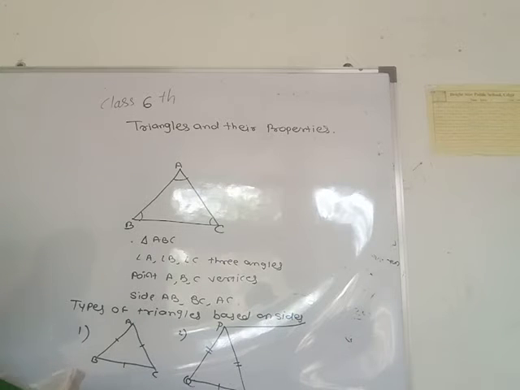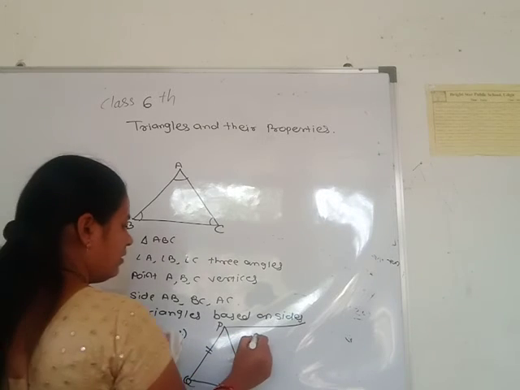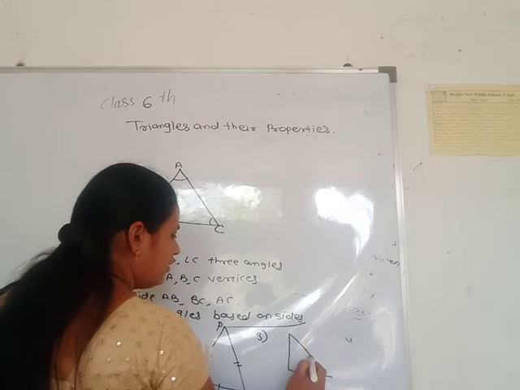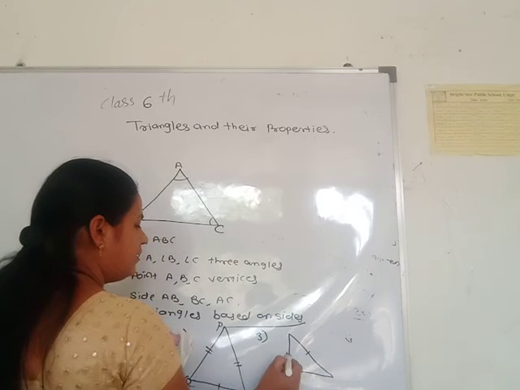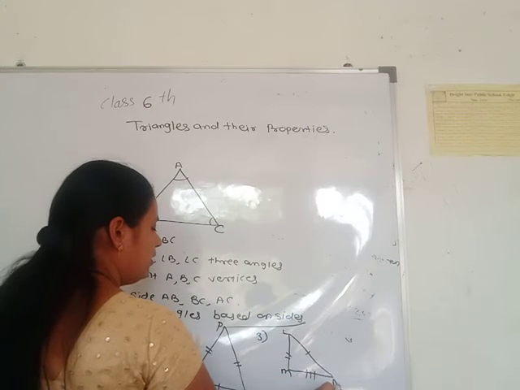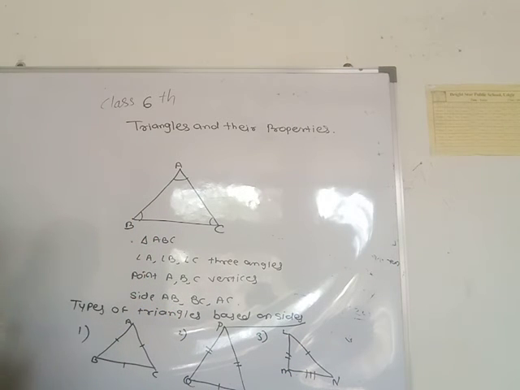And the third one, the scalene triangle. In this triangle, all sides are different. A triangle with all 3 sides different is called a scalene triangle.